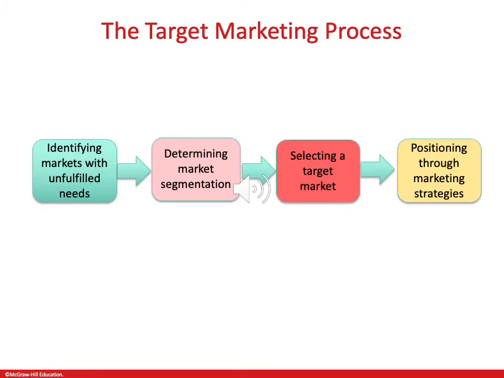So when we think about the target marketing process, it's a pretty simple process. It starts with understanding or identifying markets with unfulfilled needs, right? So what are those needs that various types of consumers have that you believe your company or your brand or product or service can do a better job of delivering against those needs?